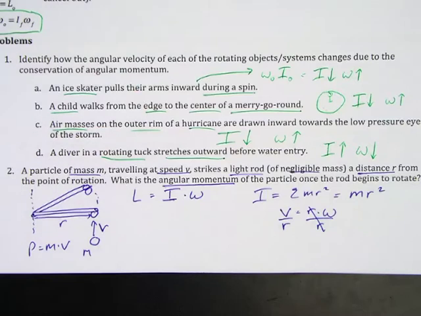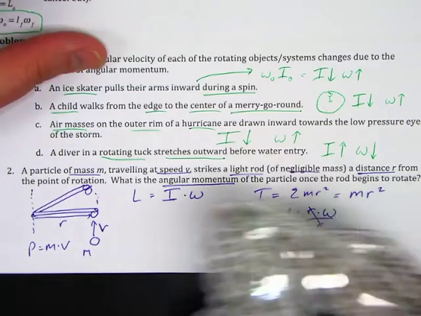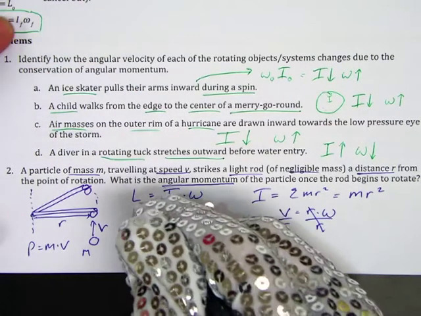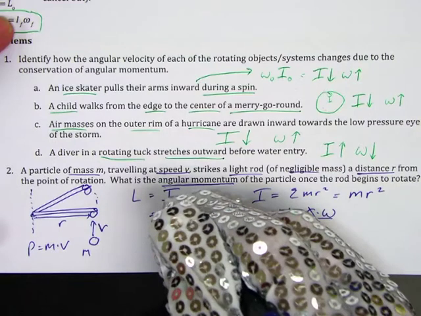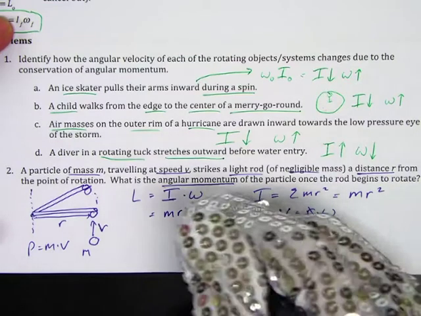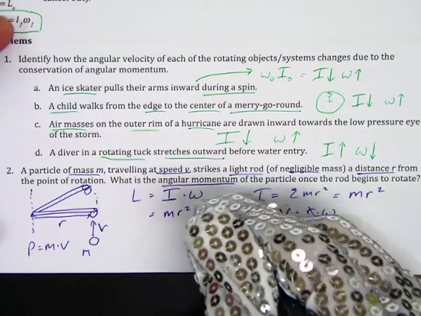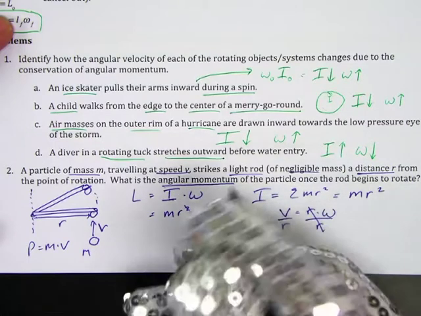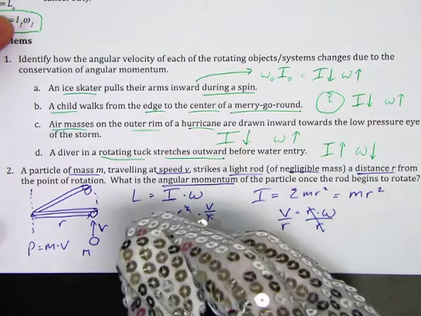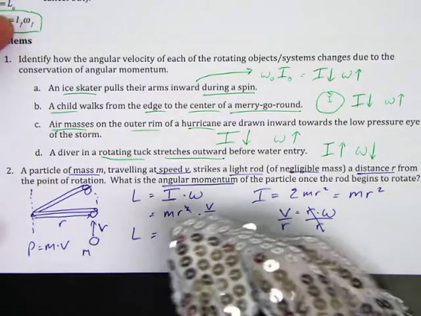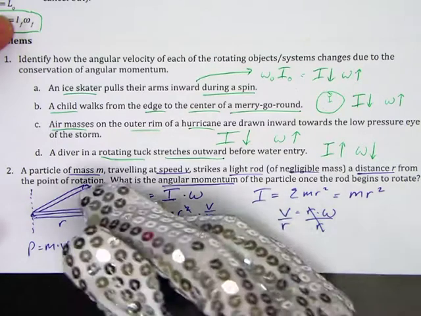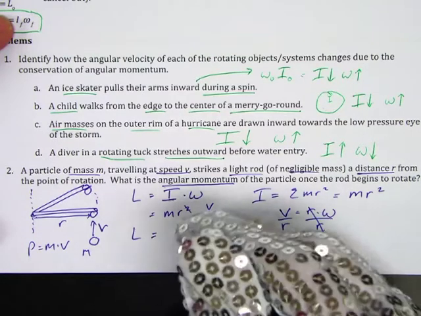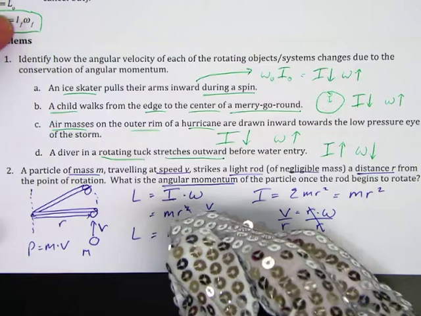Okay? So now let's go ahead and substitute. We know that I is mr squared, and omega is just v over r. And when I multiply, r squared over r, I get that the angular momentum of this particle and rod rotating is the initial momentum mv, right?